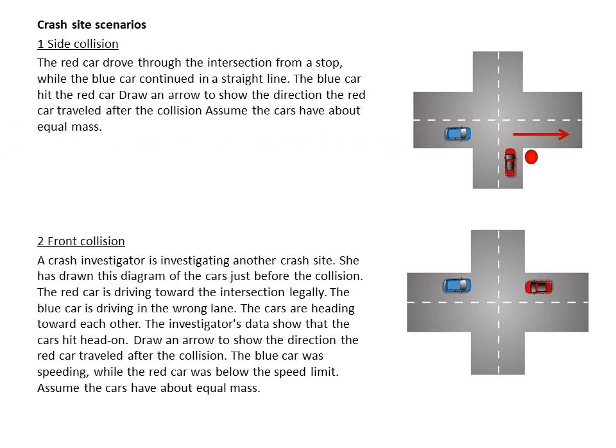The second scenario, front collision. The red car was driving through the intersection legally, but the blue car was driving in the wrong lane, in the opposite direction, also driving faster than the red car, which drives less than the specified speed.